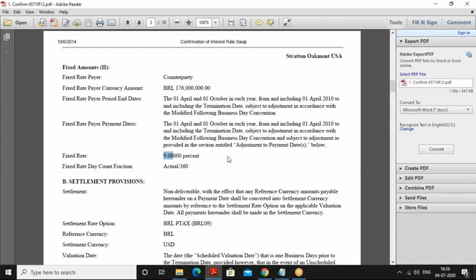Now, my question is, if both are on fixed but they have different currencies, what are they actually doing? What are they actually speculating on? Because if you look at this, what is the first word in the settlement provisions? What is this?